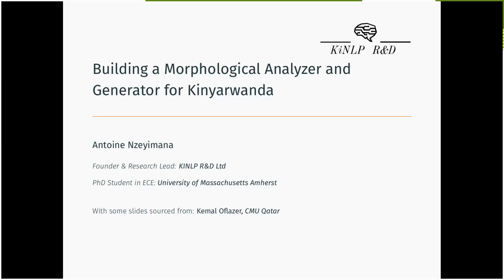Because it's about morphology, I will also introduce the subject called computational morphology, an area of study that tries to apply computational science to the study of language morphology.